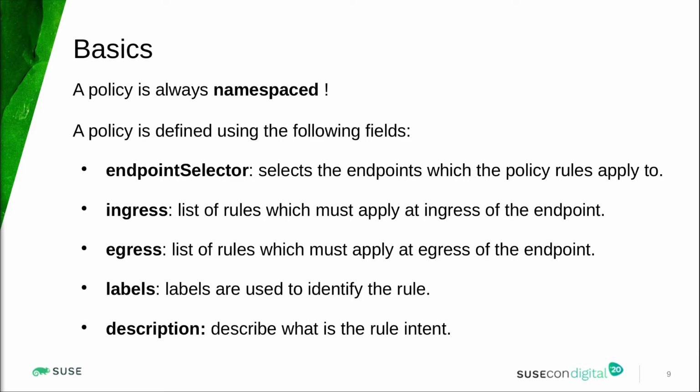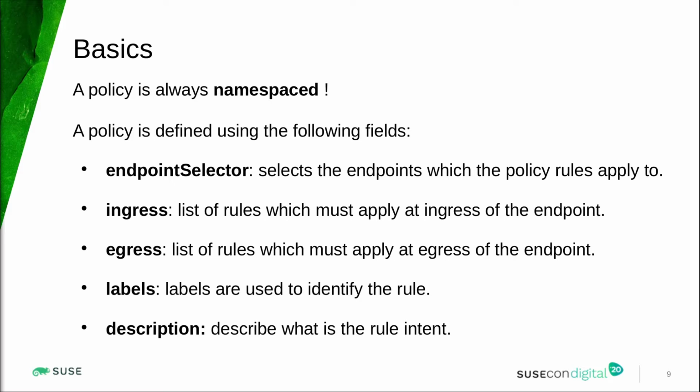Then you have a couple of fields. The first one is a mandatory one: the endpoint selector. Here you will say which pod you want to select, or you can also say I want to select all the pods inside the namespace. Then you have to define at minimum one of ingress or egress.